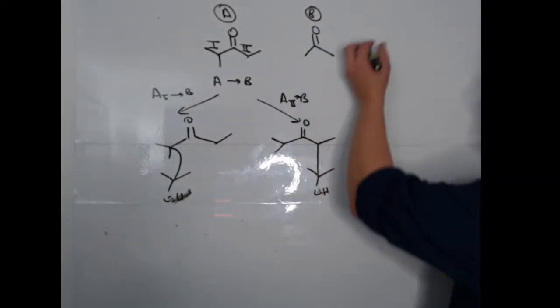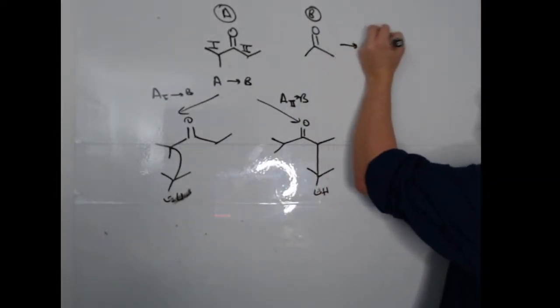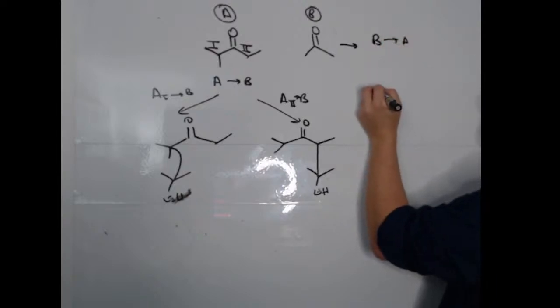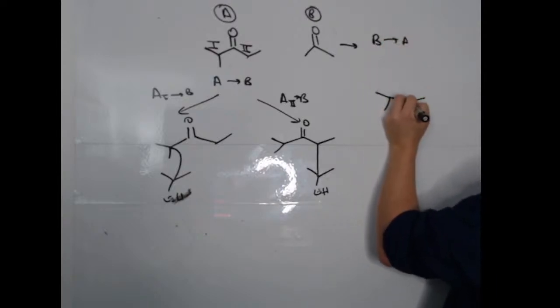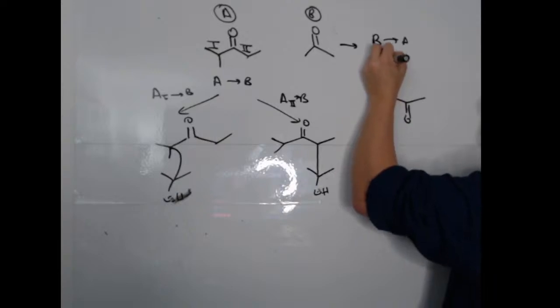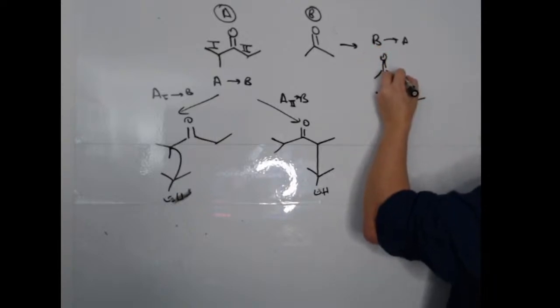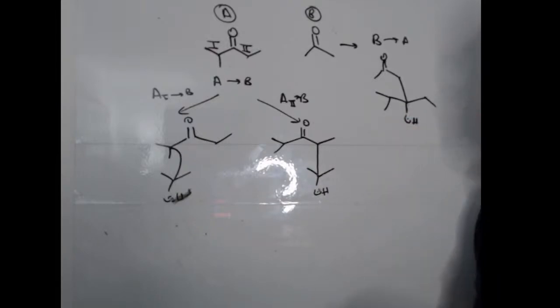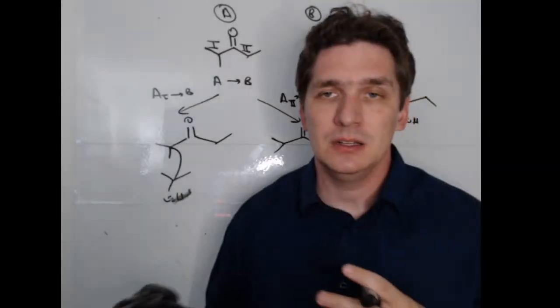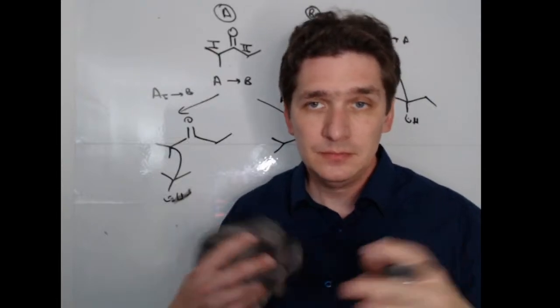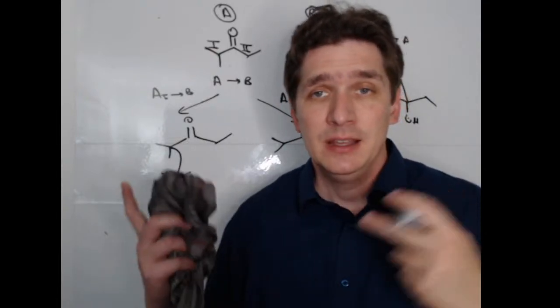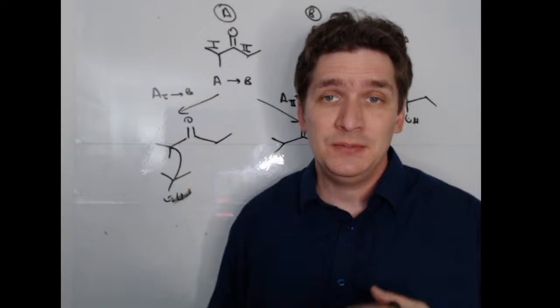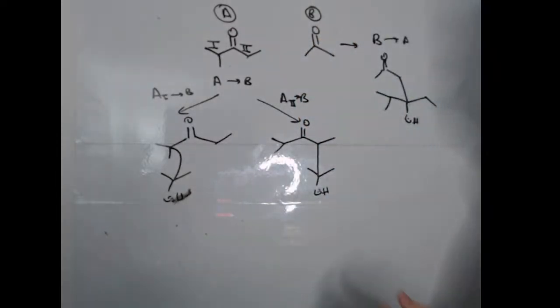Now, if B attacks A, we don't really have an issue. So that carbon will attack, we'll get the aldol addition product, and it can further do the condensation. Now, what if both A and B are different and they're both asymmetric?